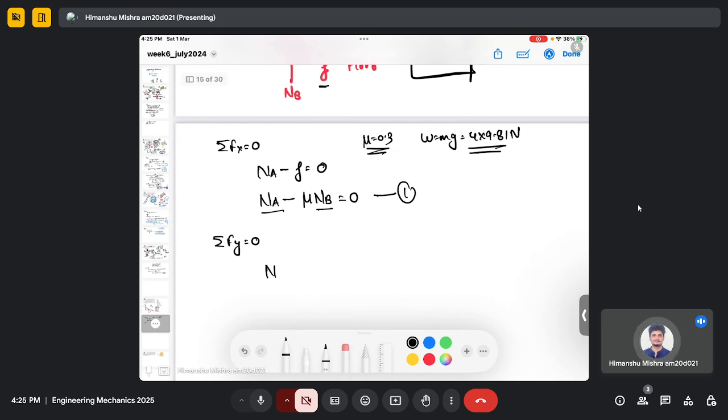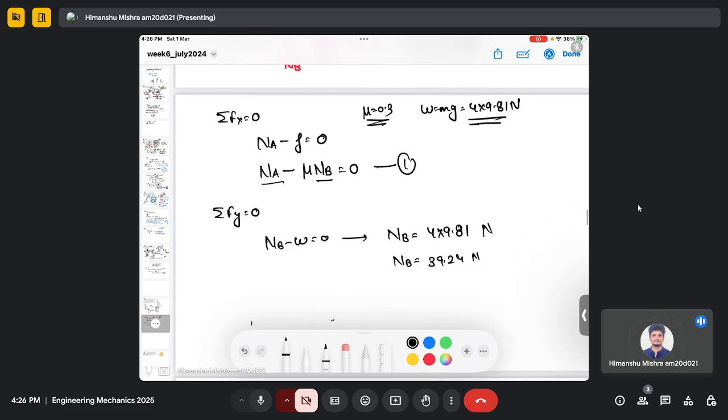So Nb minus W equals 0. This gives me Nb equals 4 multiplied by 9.81 Newton. So this Nb will be 39.24 Newton.